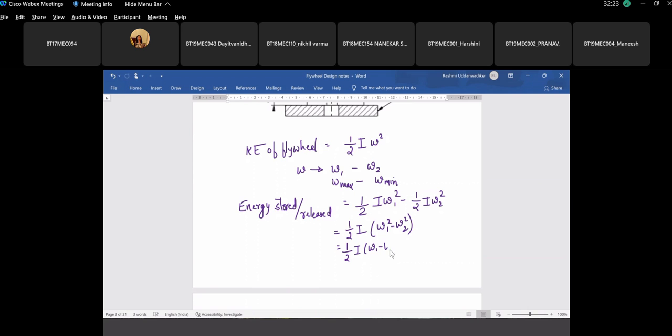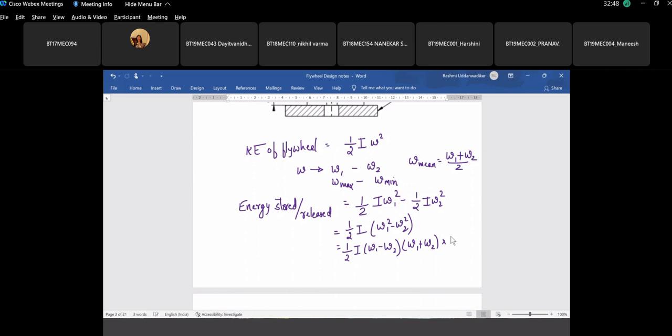Expanding this, say the mean value, omega mean, is the average of these two velocities, omega 1 plus omega 2 by 2.